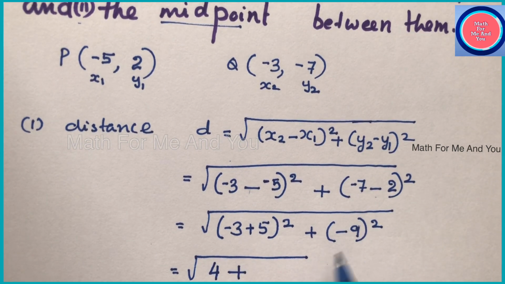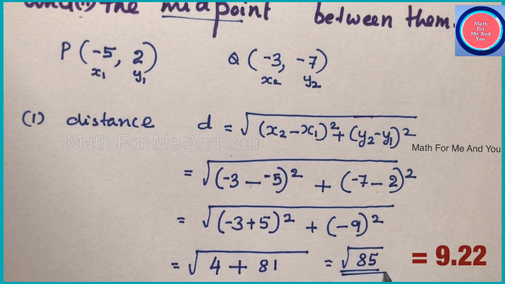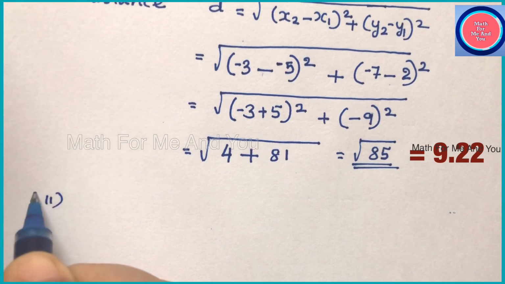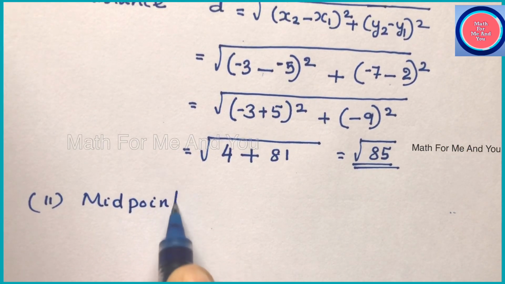Plus minus 9 square. Minus 9 square is 81. Even if it is a negative number, when we take the square, it becomes positive. Then 81 plus 4 is 85. Root of 85. If we want, we can find the value using a calculator. Otherwise, we can stop like this.